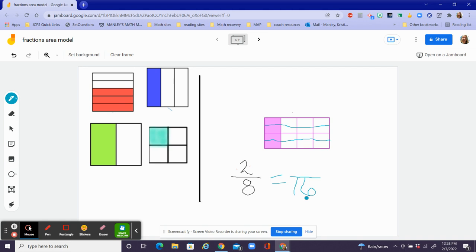I still am focused in on how many are purple. So I'm still focused in on this exact same amount of space that I did before. But because I partitioned it differently, I have to see how many of the 16ths are colored purple. So 1, 2, 3, 4.